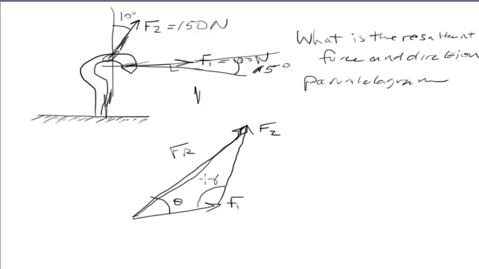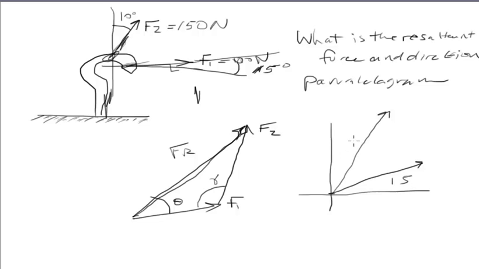And in order to get gamma, we need to be able to relate it back to the information that we've been given. And so over here, we have this x-axis, and we have this F2, we have F1. I'll try to make it more here, F1, so this is 15, this is 10, and then what we can do is come up here and draw a parallelogram.